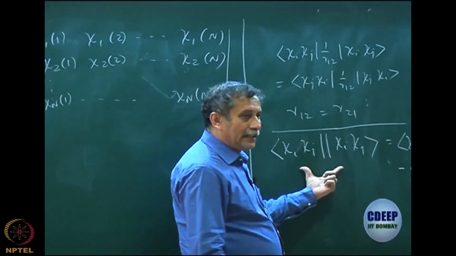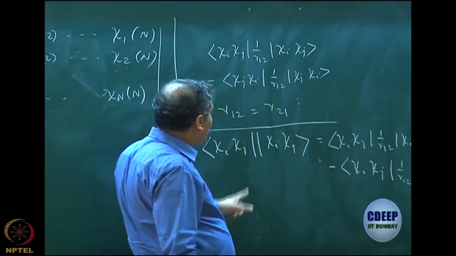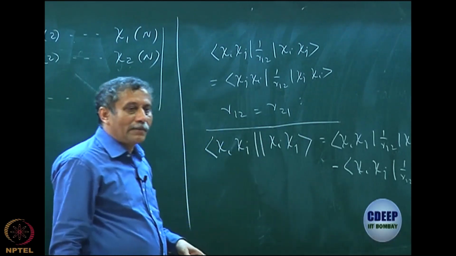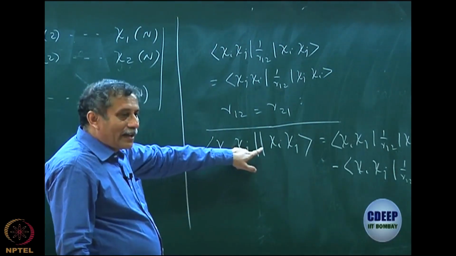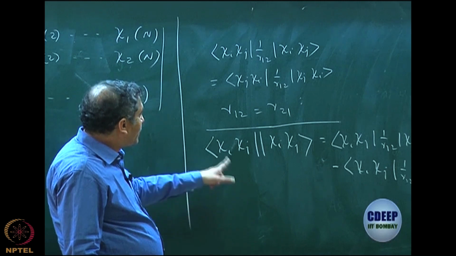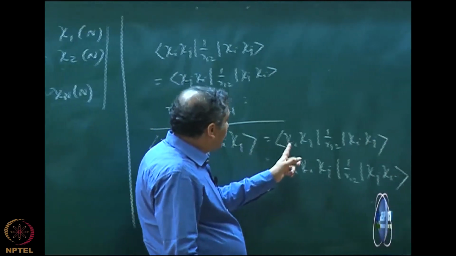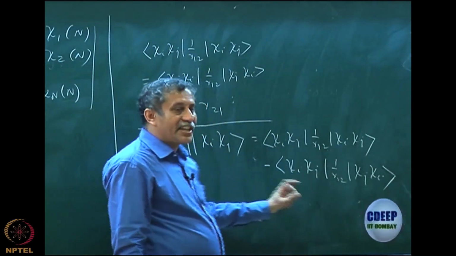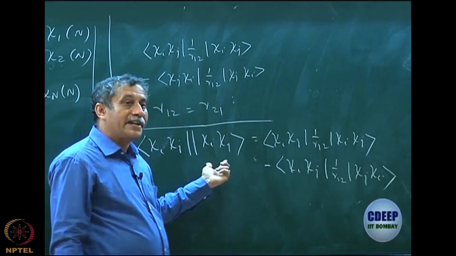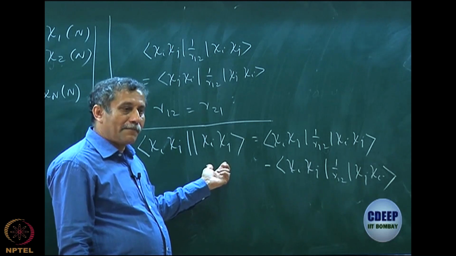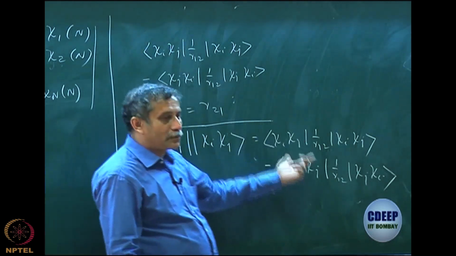This integral is also a 2 electron integral. I am not deliberately writing 1 by R12, but there is a double bar and assume that there is a 1 by R12, but it is not like a regular integral. So, it has to be given a different form. So, it is Coulomb minus exchange. The exchange that I am doing on the right side is implied here whenever I am writing this. So, it is actually a combination of two terms.